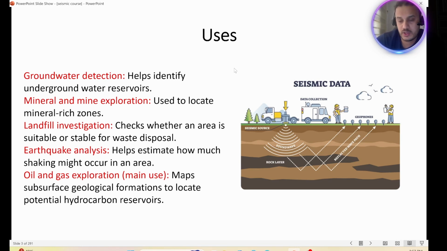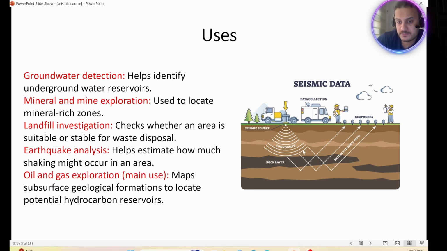So the elements of the seismic: to record the seismic data, we have a seismic source. This seismic source is generated by a vibrator on the surface or by explosion. When the seismic wave goes through the layers of the earth, some of the seismic wave will bounce back when they hit the layers, and some will continue deeper.